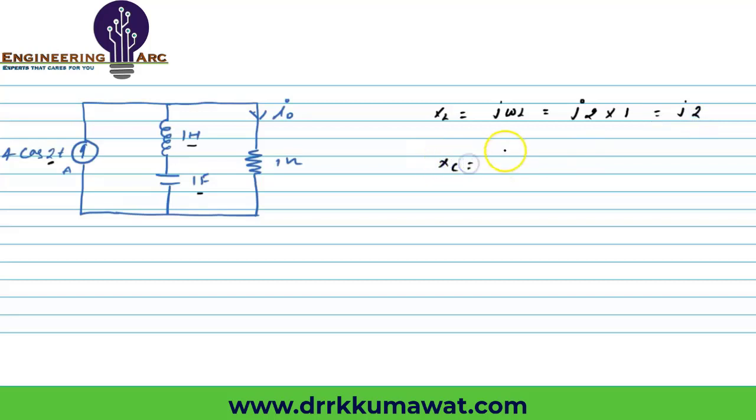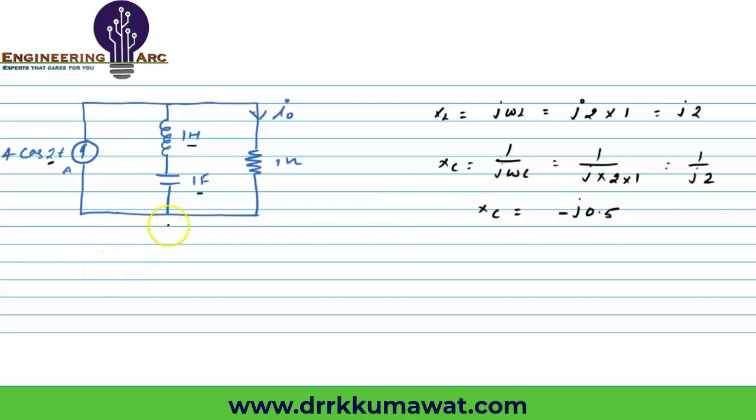And XC equals 1 upon j omega C, which is 1 upon j into 2 into 1, which is 1 upon j2. By solving this, XC equals minus j0.5.